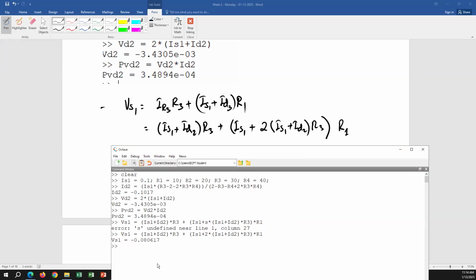And that's negative 0.80617. So the voltage across that source is coming out to be a negative value. That means the source is absorbing power, it's not supplying power.